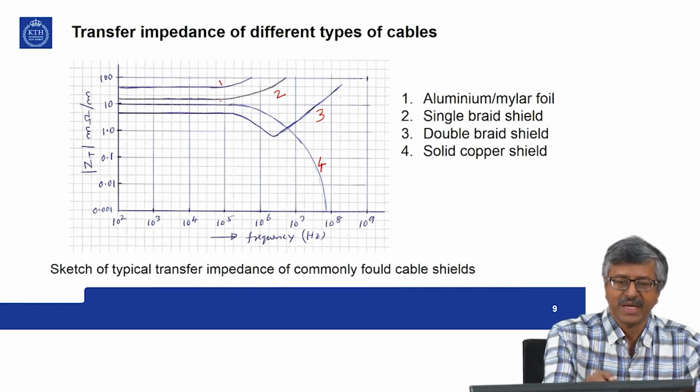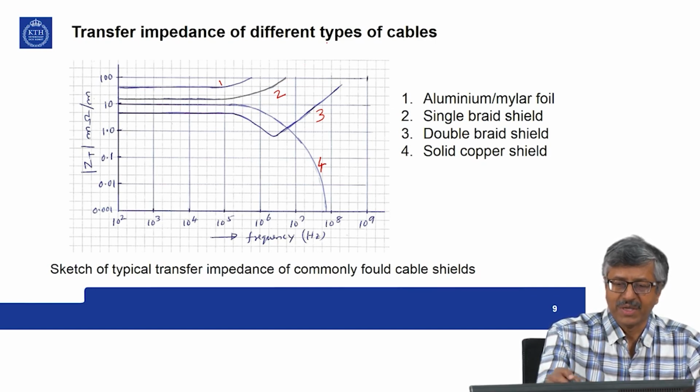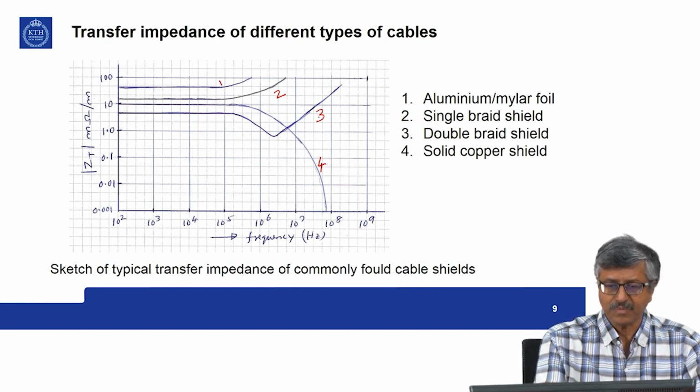Through that gap you will have leakage. This is the inductive part of the leakage, this is the low frequency part, and this is the high frequency part. The high frequency part changes with 20 dB per decade, and in the double braid shield initially it comes down due to the diffusive part, then after that the inductive part kicks over and you have it increasing upward.